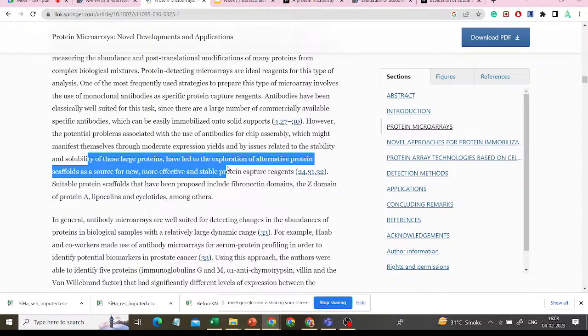Then it became quite costly and laborious to generate all those antibodies and place them on the chips.